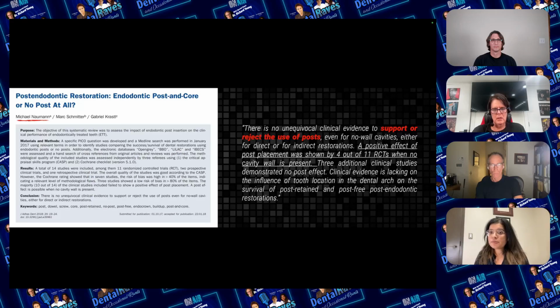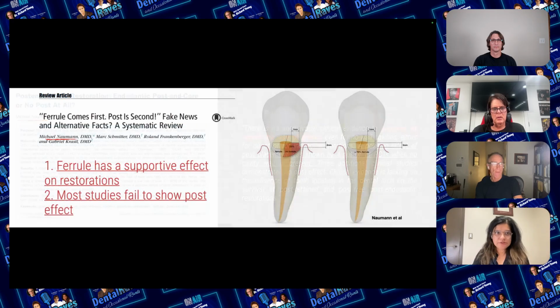A positive effect of post placement was shown by 4 out of 11 randomized controlled trials when no cavity wall was present, and 3 additional clinical studies demonstrated no post effect. So the clinical evidence is actually lacking on the influence of tooth location in the dental arch on the survival of post-retained and post-free post-endodontic restorations. That's what this review said.